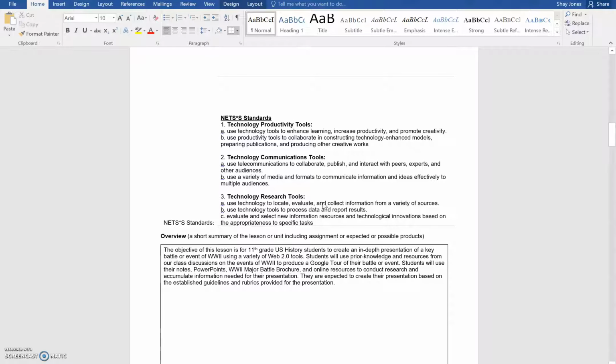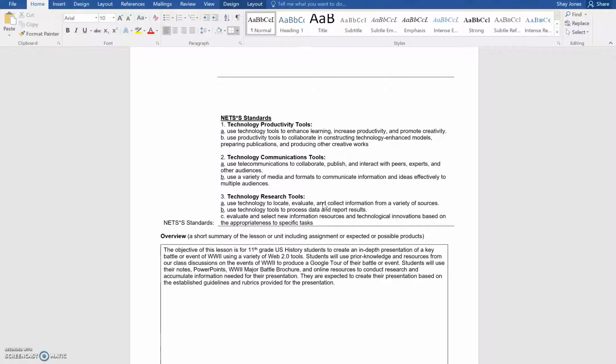And the technology standards, the three that this lesson focuses on, is using technology for productivity. So students are going to use the tools that we're going to look at to increase creativity in what they design and what they create, and to really enhance the learning of the content. The second technology standard is communication.